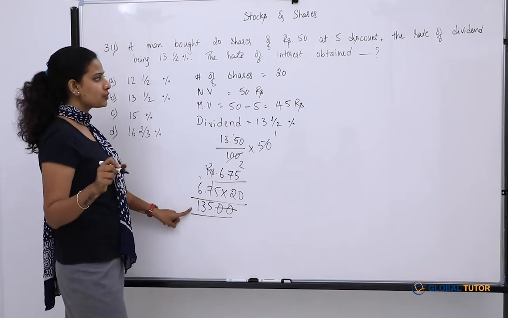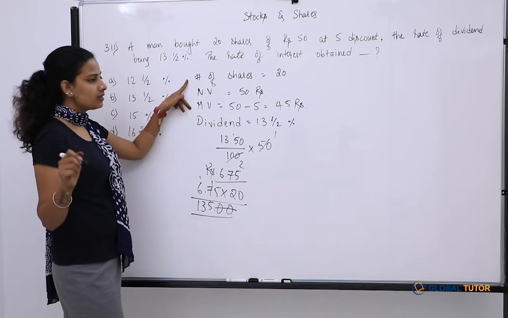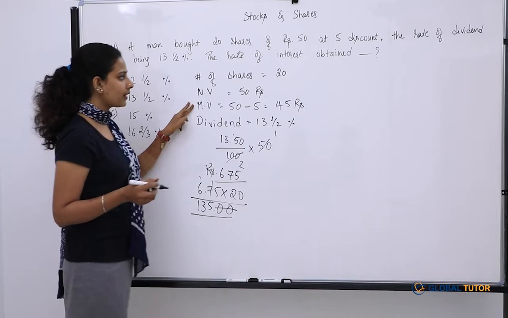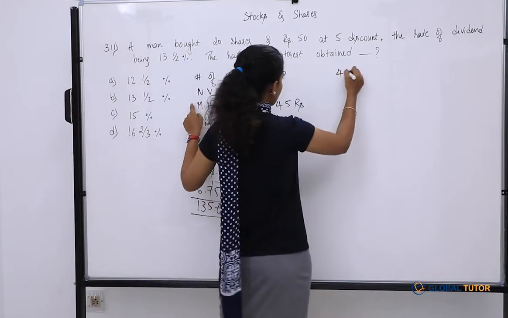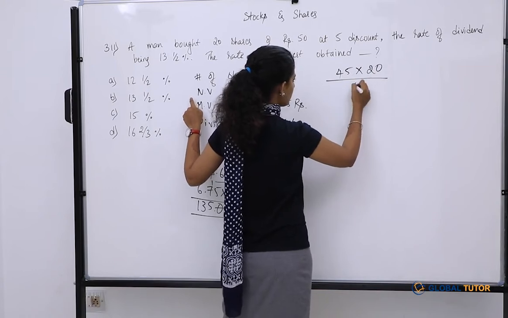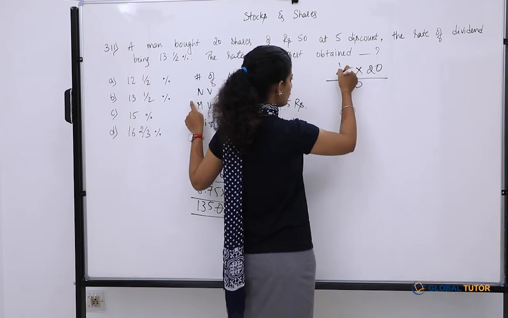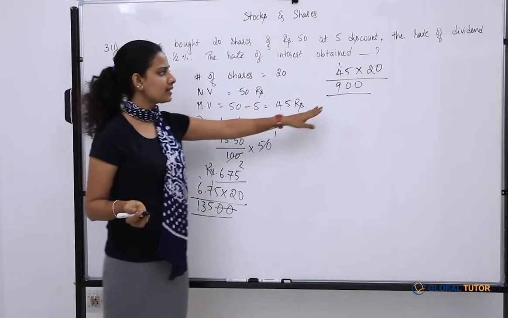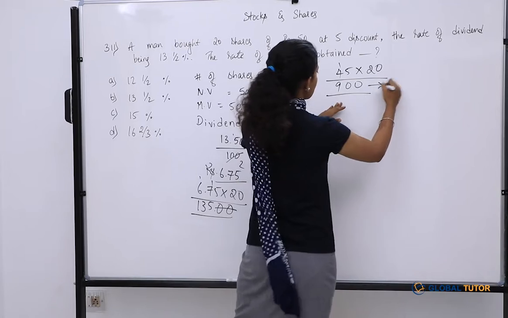Now we'll see how much he has invested in 20 shares. So that will be number of shares into market value, 45 into 20. So this will be 900. So total he's invested 900 rupees.